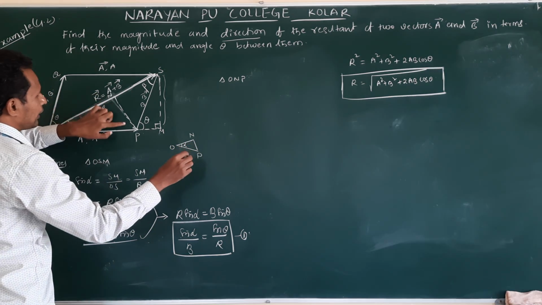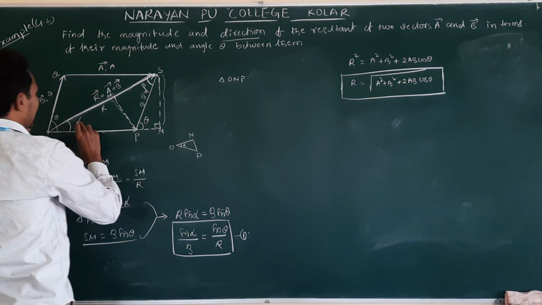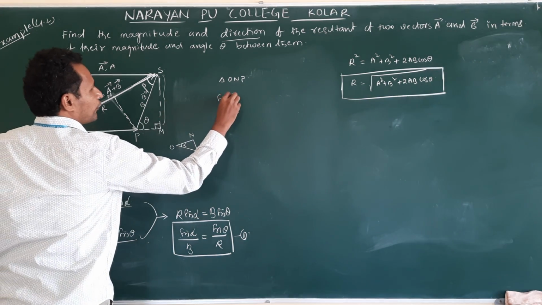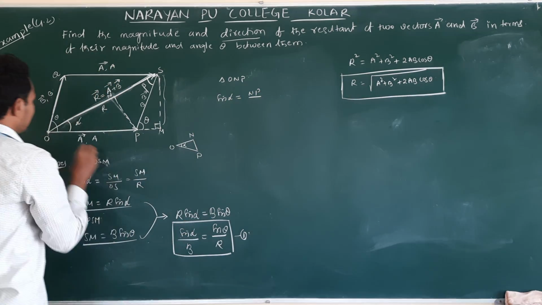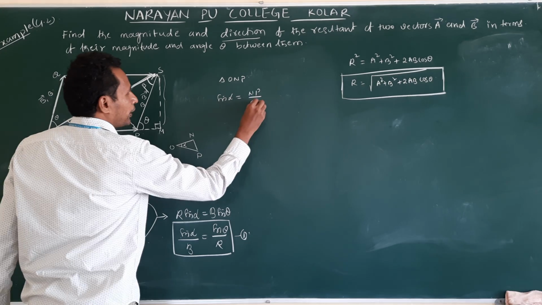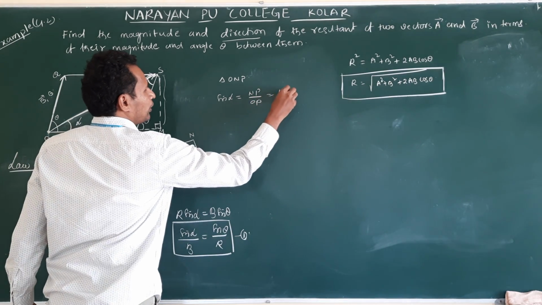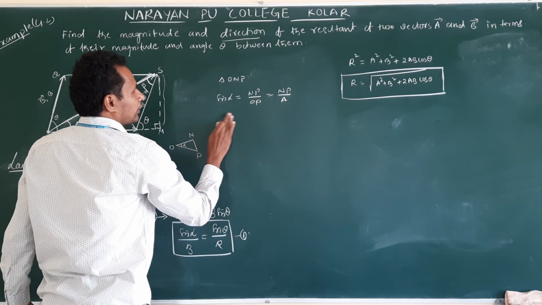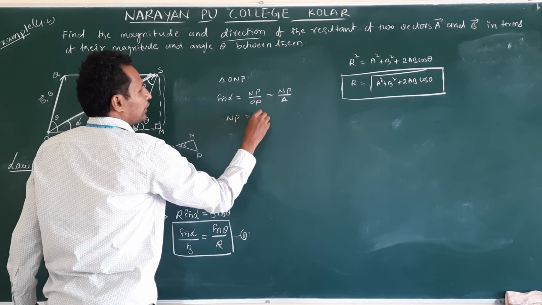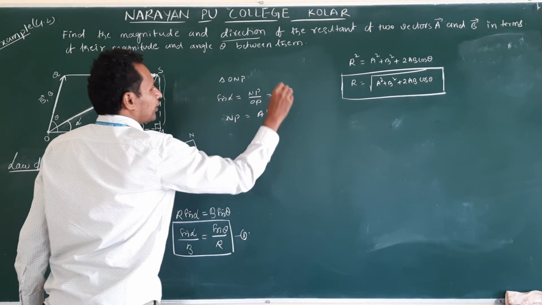We require the opposite side. Sin alpha is equal to NP by the hypotenuse OP, so NP by A. Then NP is equal to A sin alpha.